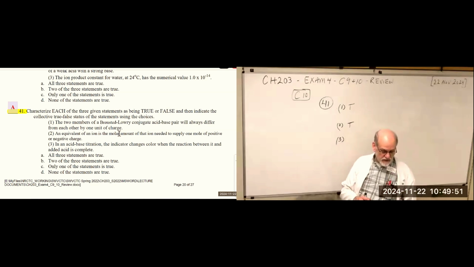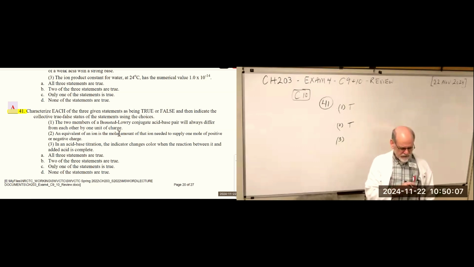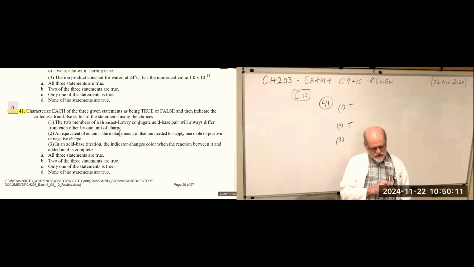In an acid-base titration, the indicator changes color when the reaction between it and the added acid is complete. Yeah, it changes color, with tongue-in-cheek, because the color change occurs over a range of pH.